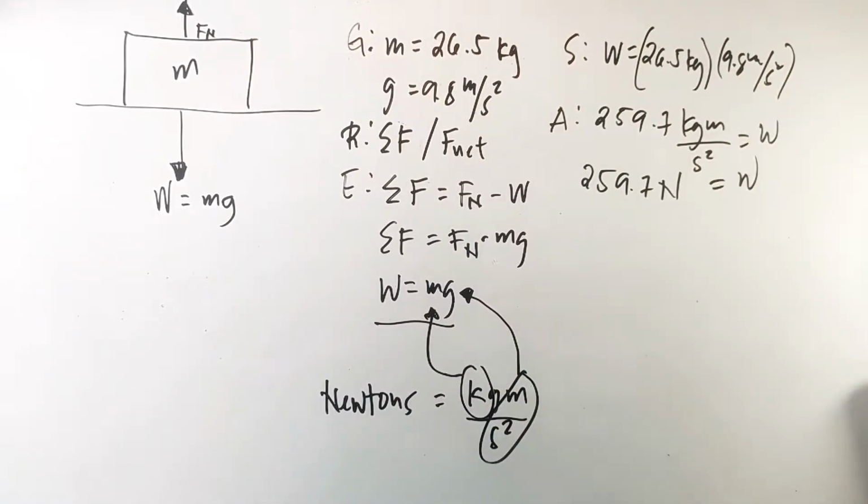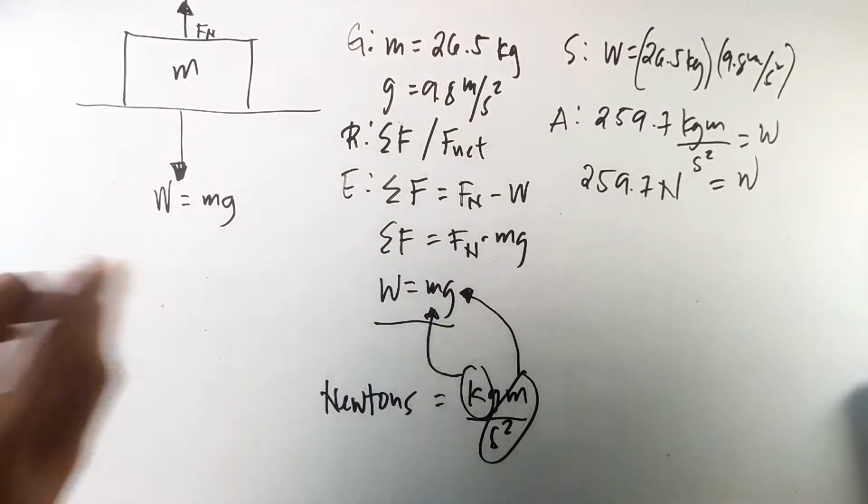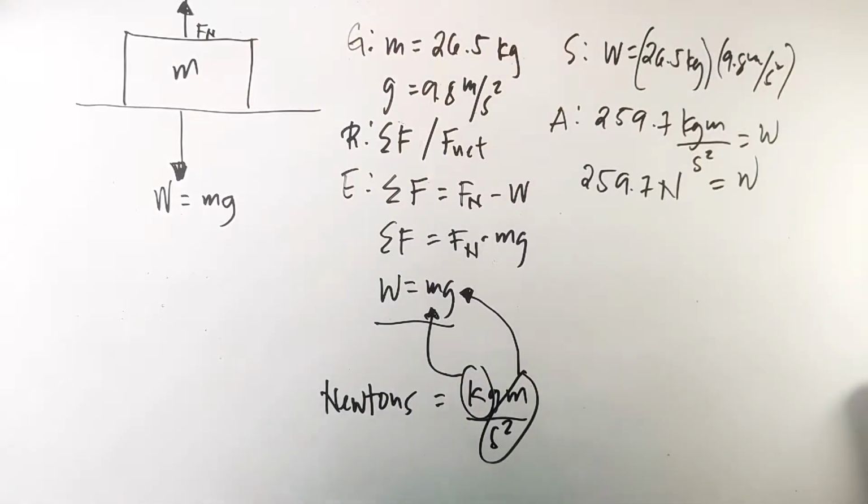After knowing that, return to the problem. According to the problem, it's resting, so it's not being disturbed or anything. If you recall the definition of the normal force, it's the equal force acting on an object resting on a perpendicular plane.